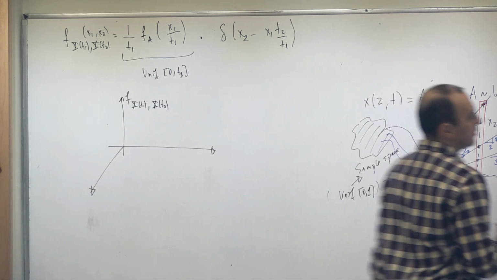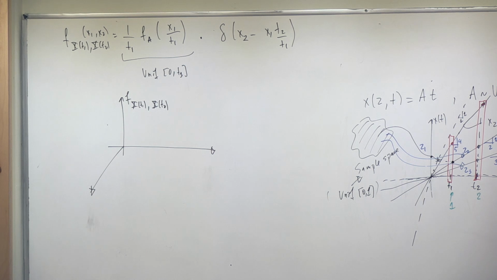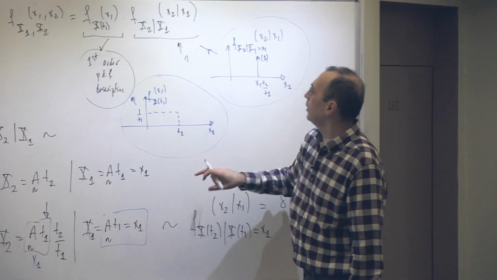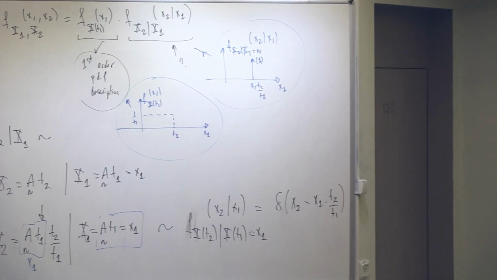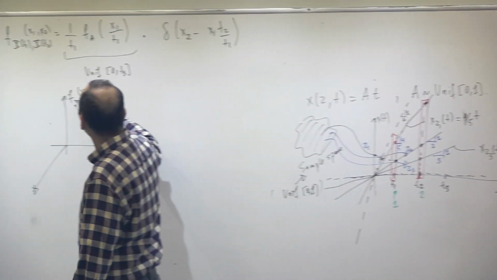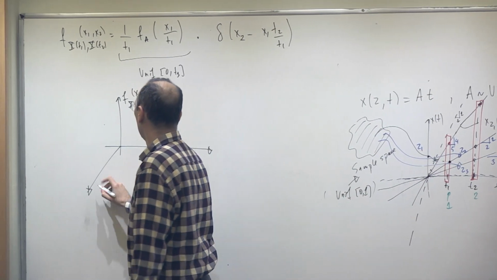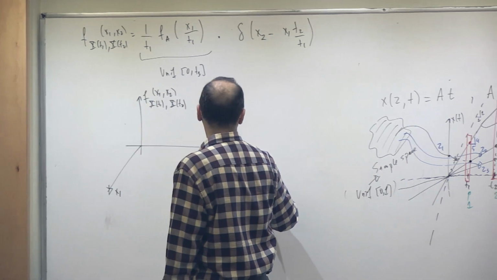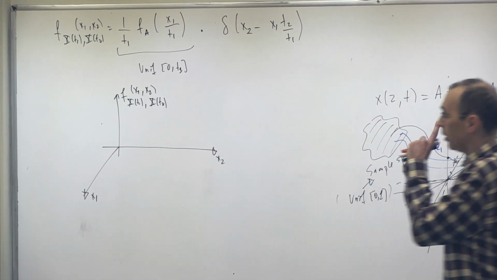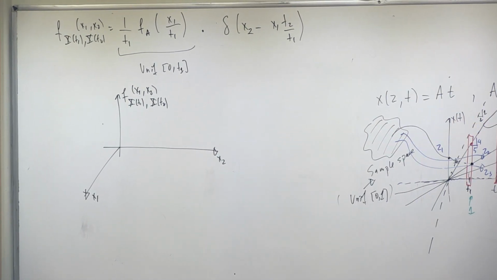So this is a density in one variable, x1 only. Now this is a density in two variables, x1, x2. Let me have x1, x2 over here.